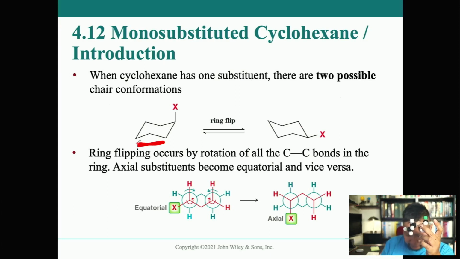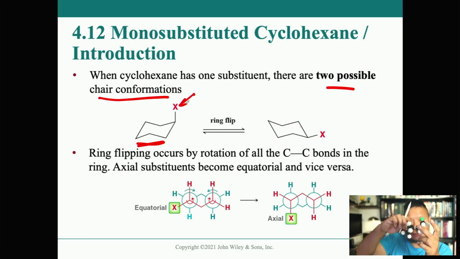What it's telling you here is that there are two possible chair conformations. When you have a monosubstituted cycloalkane, you can flip the chair so that the head is now at the bottom and the foot is at the top, like this.